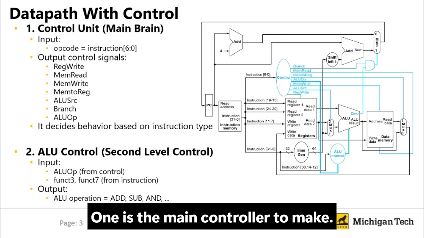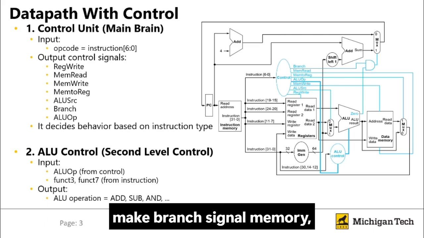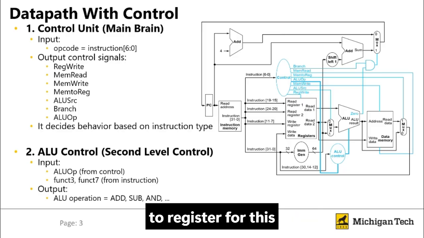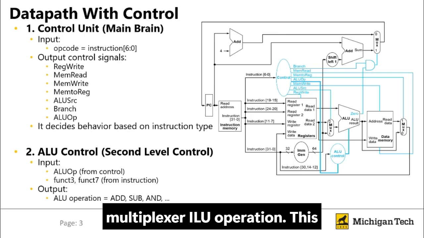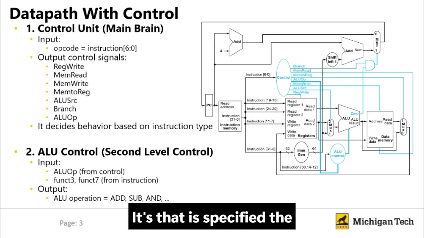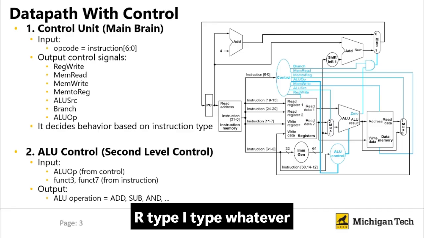One is a main controller to make all these signals. As you can see, this is the main controller. It makes the branch signal, memory read, memory write, and memory to register for this multiplexer, and ALU operation. This ALU operation is multiple bits that specify the category of the instruction, like R type, I type, whatever.